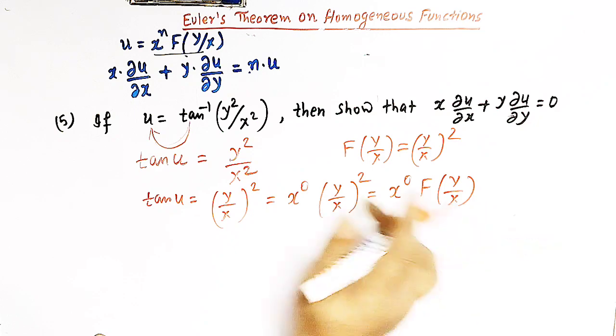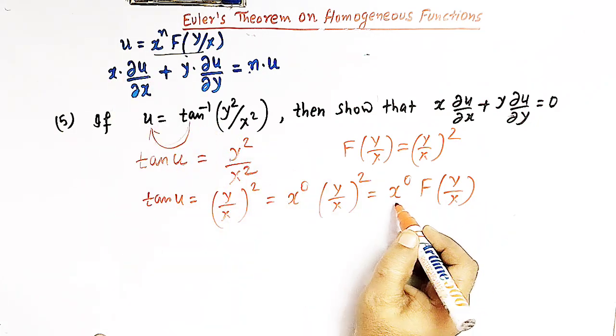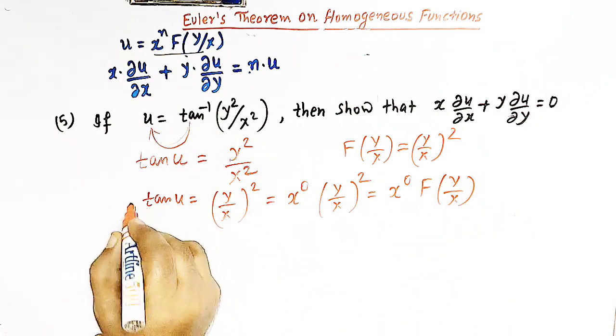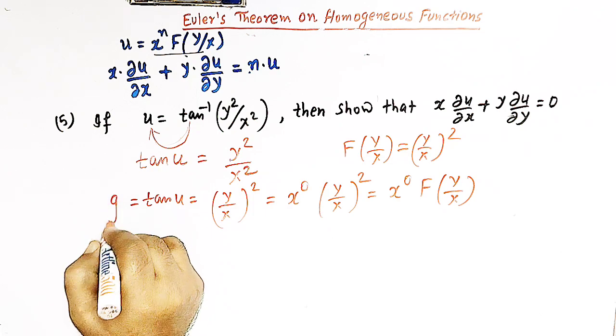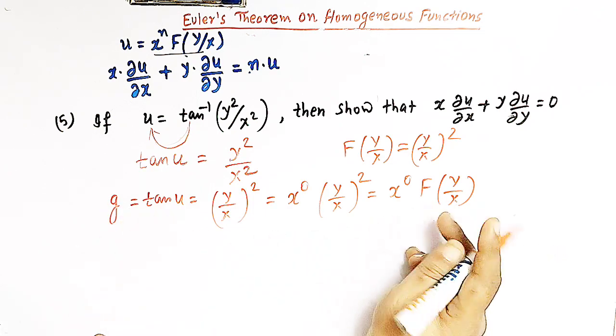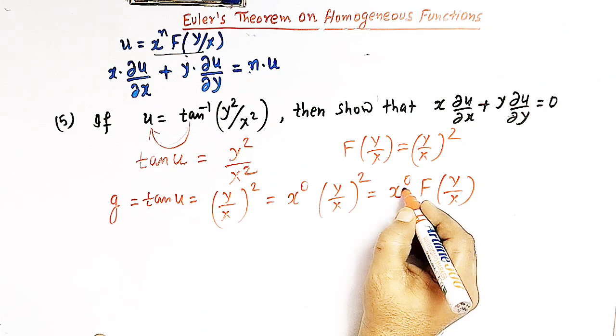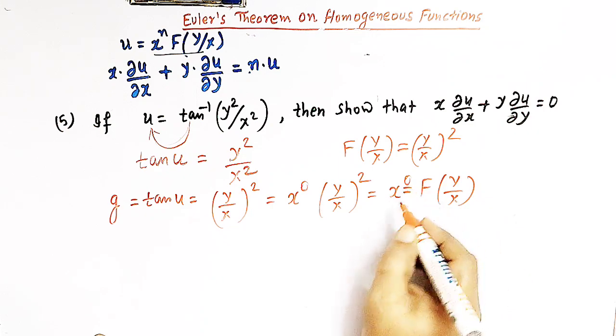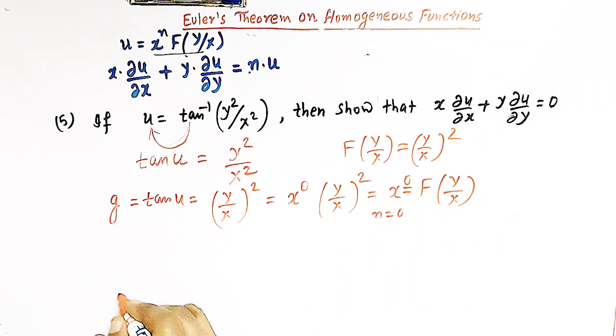So this function is of this form, and we can see that if we take tan of u as g, then this function g is a homogeneous function of degree 0, right? So n is equal to 0.